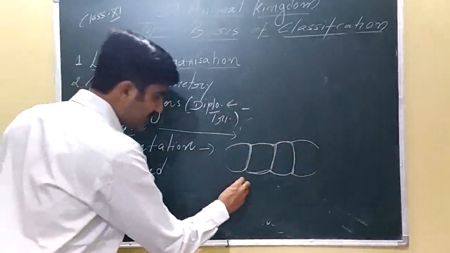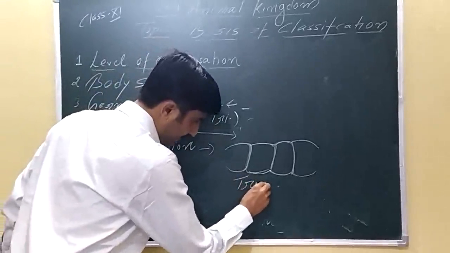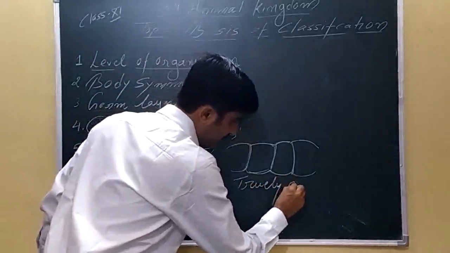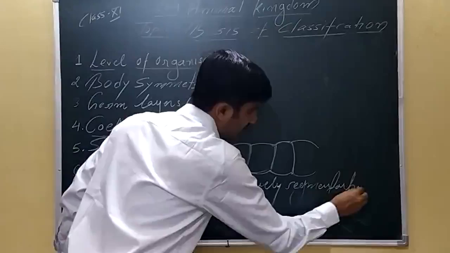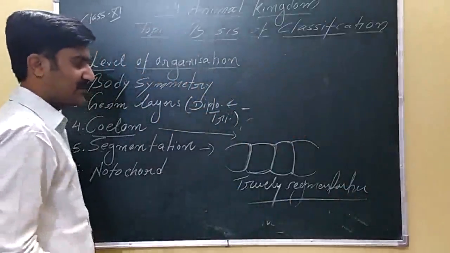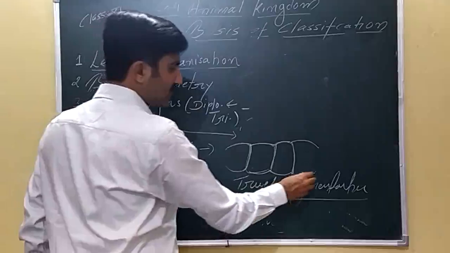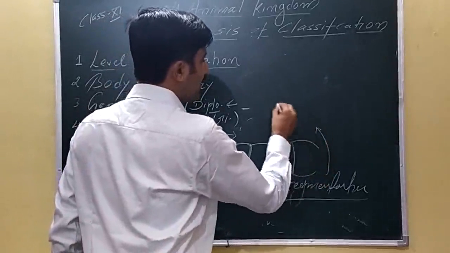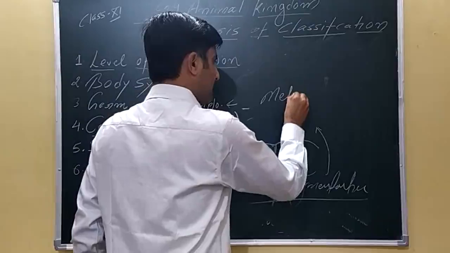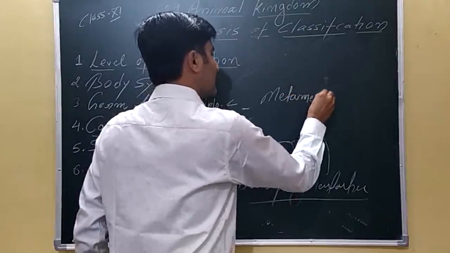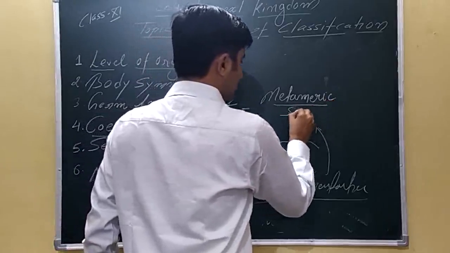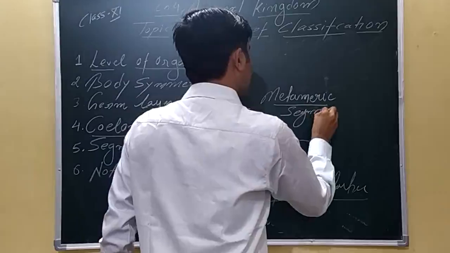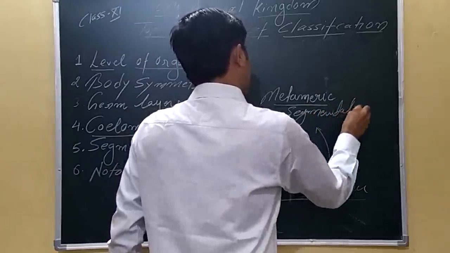So if truly segmented and this segmentation is repeated, meaning one or another part is similar in all these segments, then this type of segmentation is called metameric segmentation. Repeated segmentation is called metameric segmentation, right? The best example is the members of Annelida.